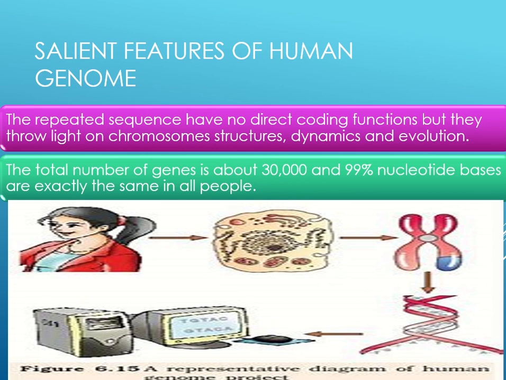The repeated sequences have no direct coding functions, but they throw light on chromosome structure, dynamics and evolution. The total number of genes is about 30,000 and 99% of nucleotide bases are exactly the same in all people. Now here you are seeing a representative diagram of Human Genome Project.